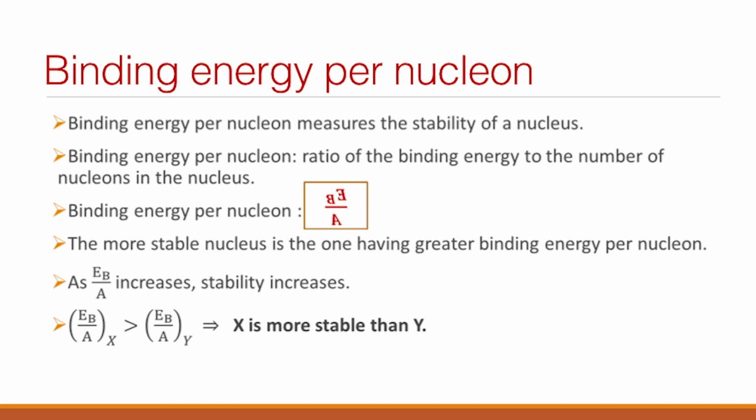The more stable nucleus is one having more binding energy. So when the binding energy per nucleon increases, it becomes more stable. As B over A increases, stability increases. So if the binding energy per nucleon of a nucleus X is more than that of a nucleus Y, then X is more stable than Y.